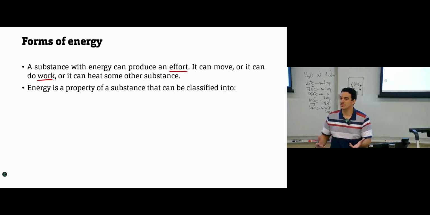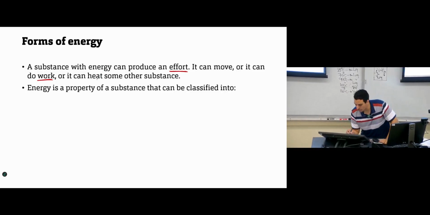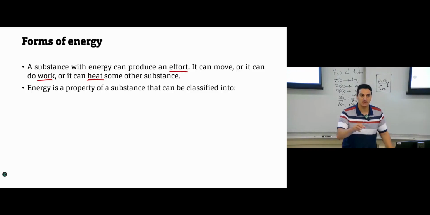So this means this system has energy. Or if it does not move or produce any work, it can heat. You can notice this energy in terms of the temperature change. So again, if any system has energy, this means this system can do an effort. This effort can be work, or it can be in terms of heat, temperature changes.